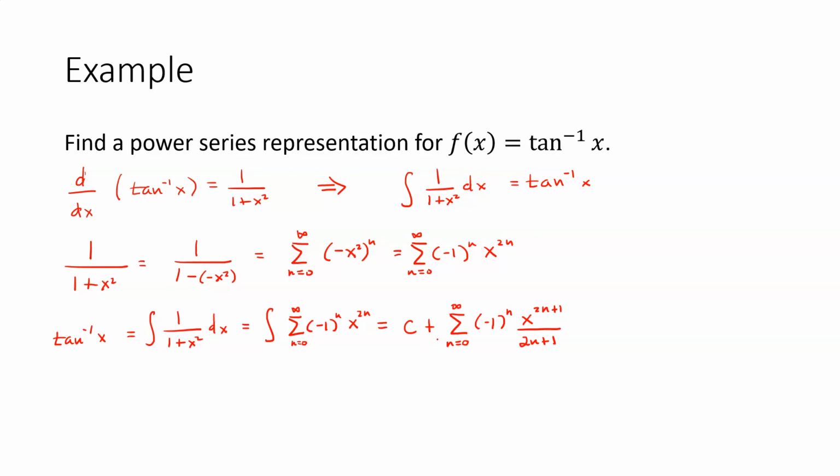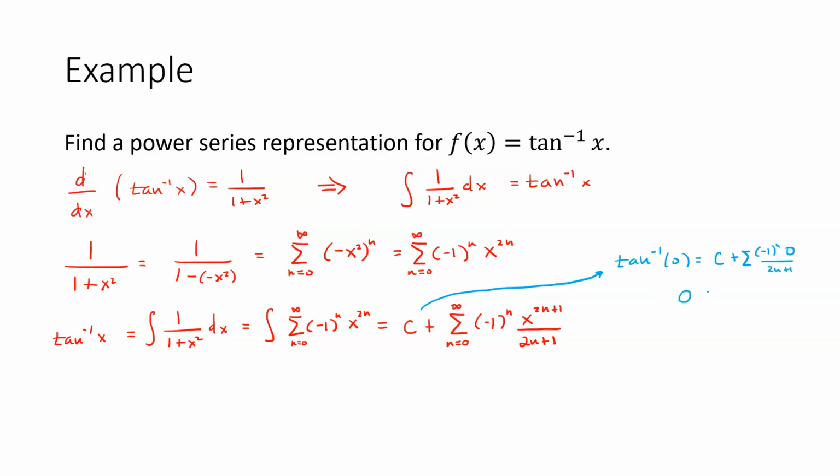One thing we can keep in mind here is that we can solve for this constant c by substituting x equals 0 into both sides of this equation. So on the left-hand side, if I substitute tan inverse of 0 in for x here, we can get c plus the series negative 1 to the n 0 over 2n plus 1, which of course is just 0.